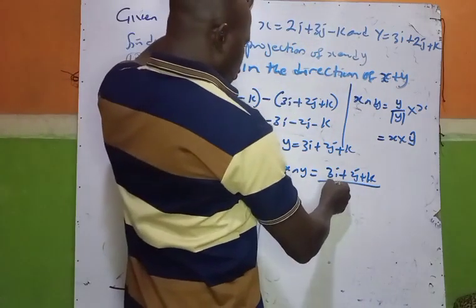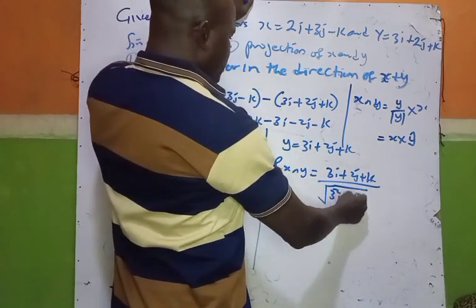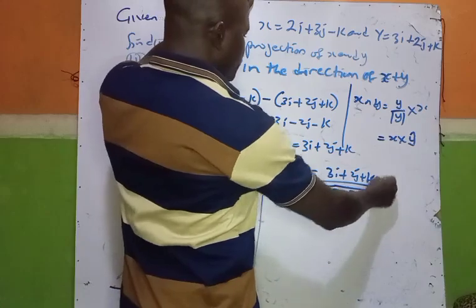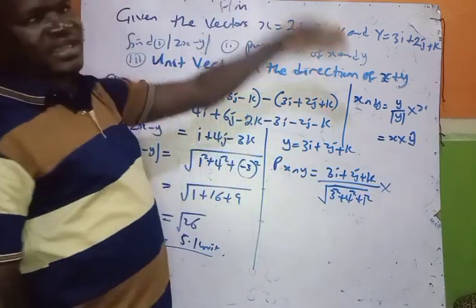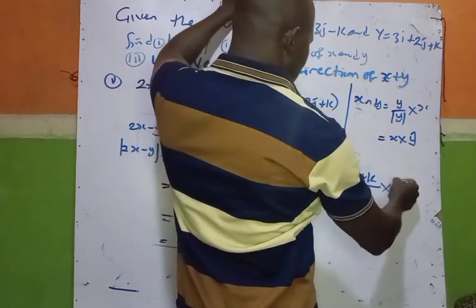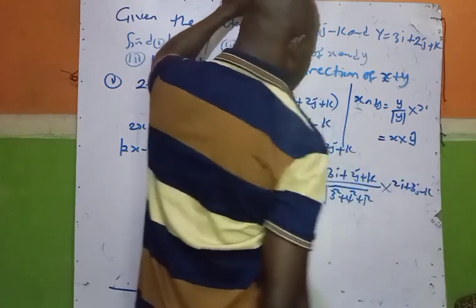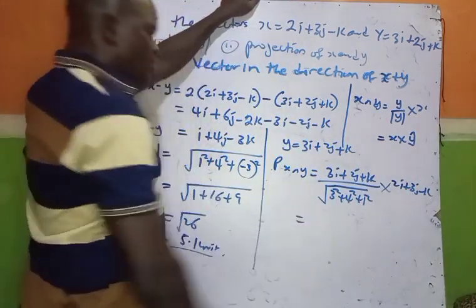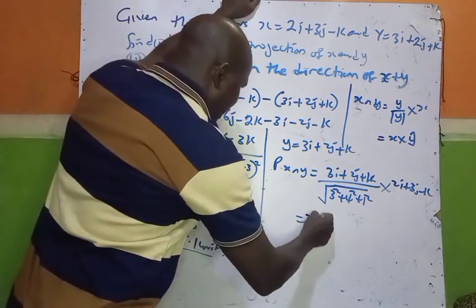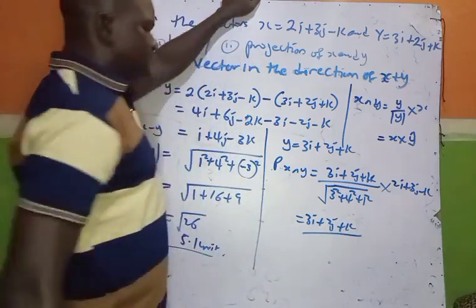Modulus of y, you know how we did it the other time. Here we have 3 squared plus 2 squared plus 1 squared. Then times x. So what is x? Here is x, 2i plus 3j minus k.